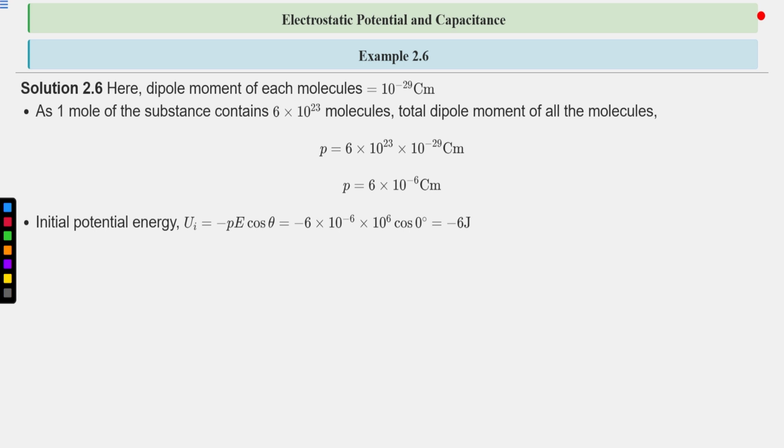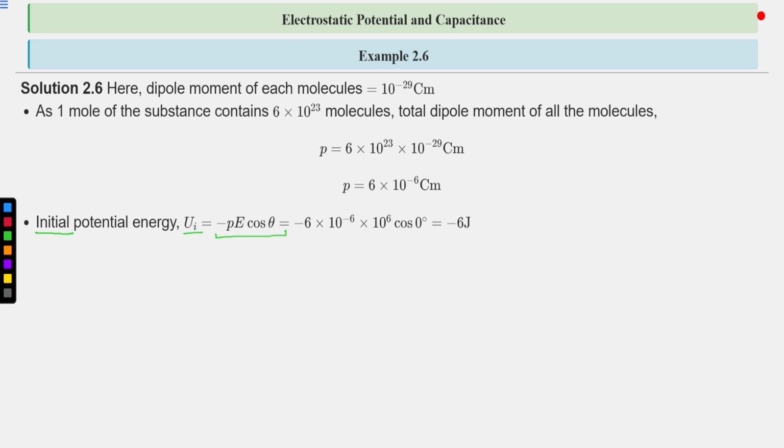Now the initial potential energy, which means when the electric field is horizontal and the dipole moments are aligned in the direction of the electric field. The formula for the potential energy of a dipole, which we calculated in yesterday's lecture, is minus PE cos theta.